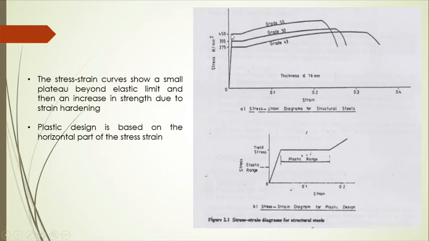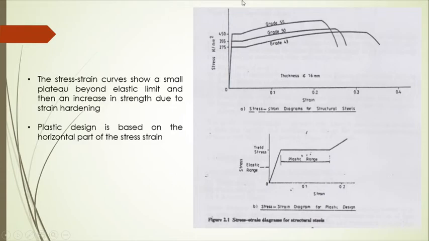So beyond this 450, it's still going to deform at the same amount of stress applied, which is called strain hardening. And plastic design is based on the horizontal part of the stress-strain curve.